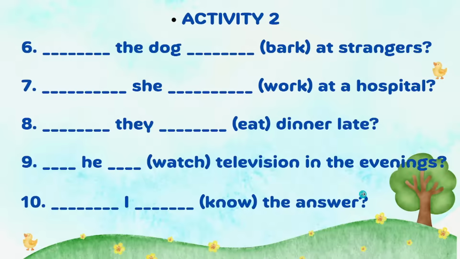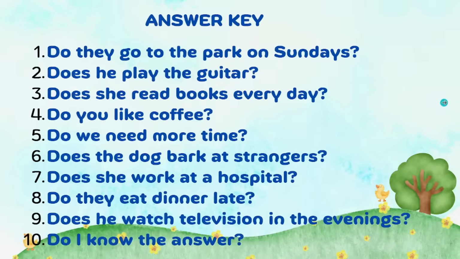Okay, so I guess everyone already has an idea on how to make an interrogative form or a question form in present simple tense. Okay, let's move on. Here you have your answer key also.